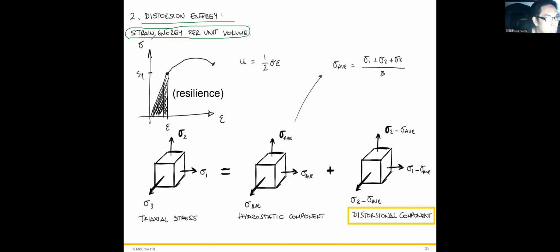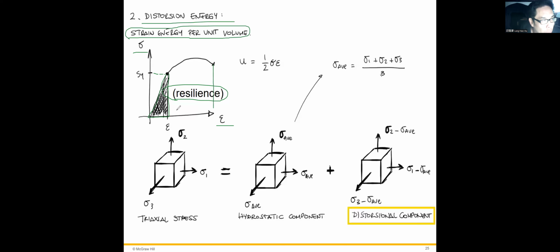So the energy is first defined by the resilience. What's the resilience? That's the area under the stress and strain curve within yielding. Within yielding, we define the yielding stress and just calculate the area, basically just a triangle. Not a real triangle, but we approximate it as a triangle.